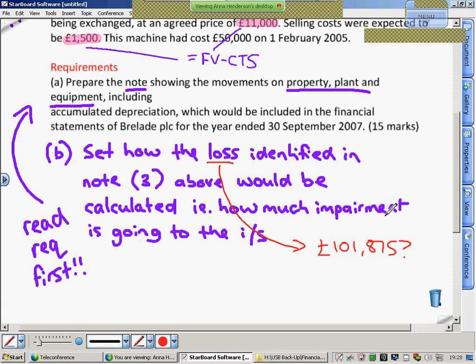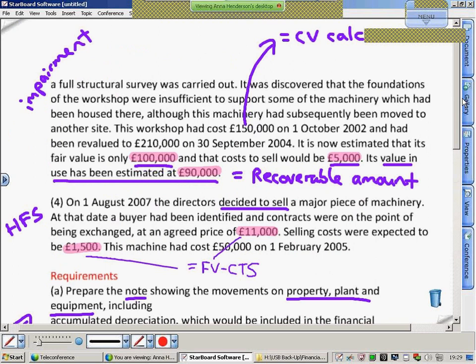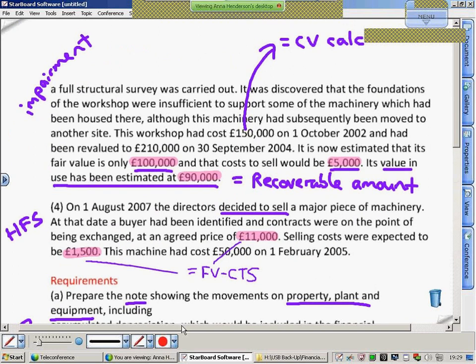So what I think about here is that when we have an impairment, we need to consider if we have a previous revaluation upwards. In this case, we do, because we're told that the only thing that we revalue is land and buildings, and we're told that the workshop had been revalued to 210,000 on the 30th of September 2004.